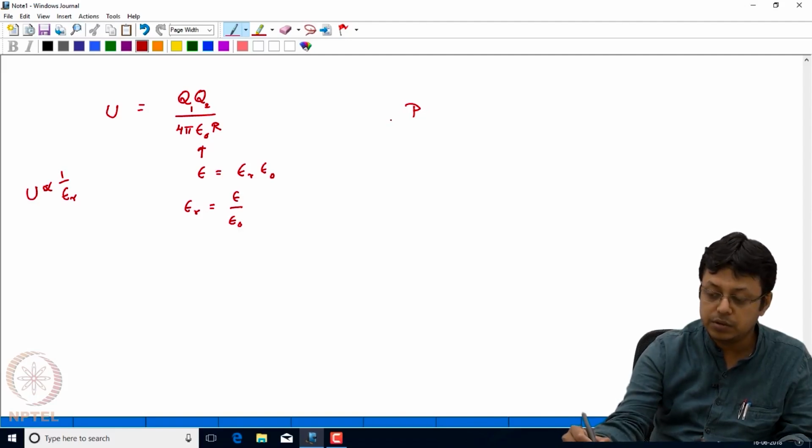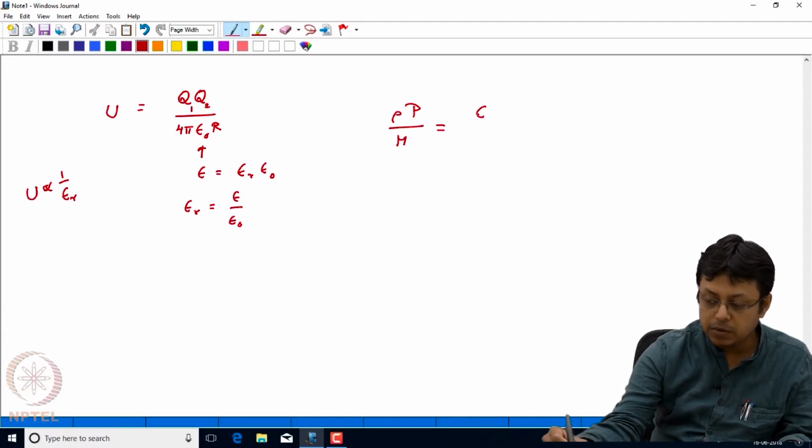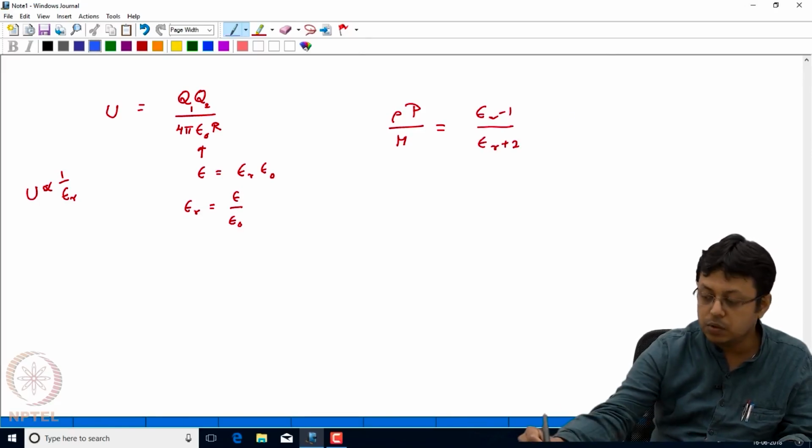There is an equation, which we will not try to derive, which tells us that if I take the density times the macroscopic polarization divided by molar mass, that will be equal to epsilon R minus 1 divided by epsilon R plus 2, and that equation is known as the Debye equation.